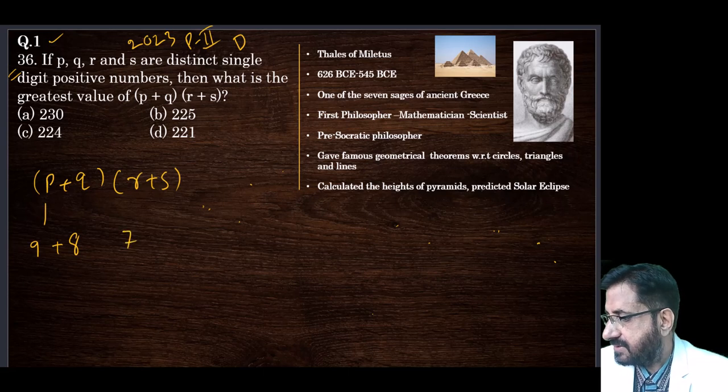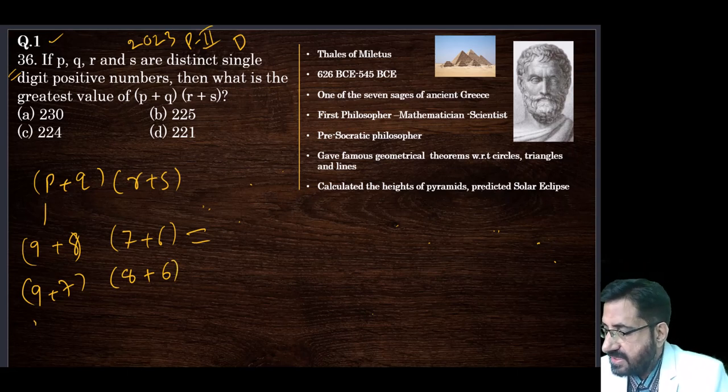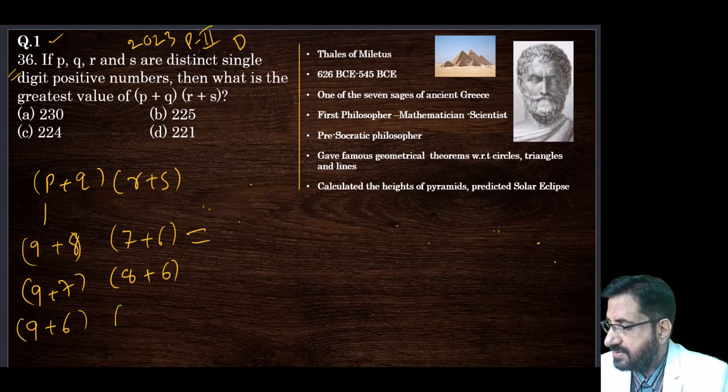Remaining numbers are 7 plus 6. We'll calculate. Let us try one more: 9 plus 7. Here the remaining are 8 plus 6. Let me try 9 plus 6, and the remaining are 8 plus 7. So how much will it be?